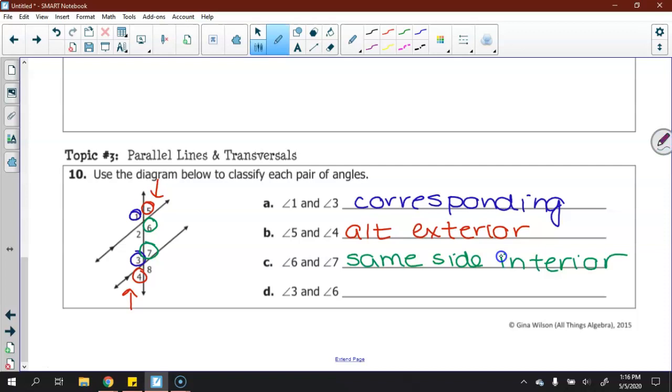And then the last one is 3 and 6. So here and here. And those are alternate interior. Alrighty.